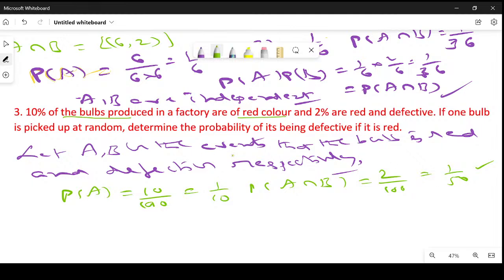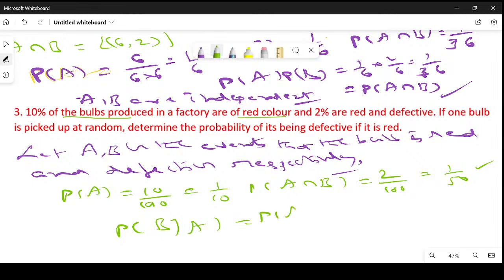Now what they are asking: determine the probability of its being defective if it is red. You should find the conditional probability P of B given A. Because given it is red, it should be defective.